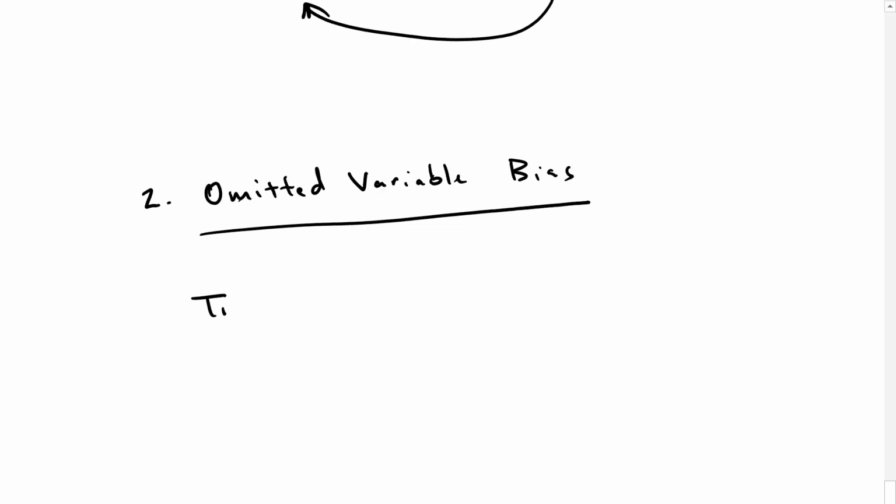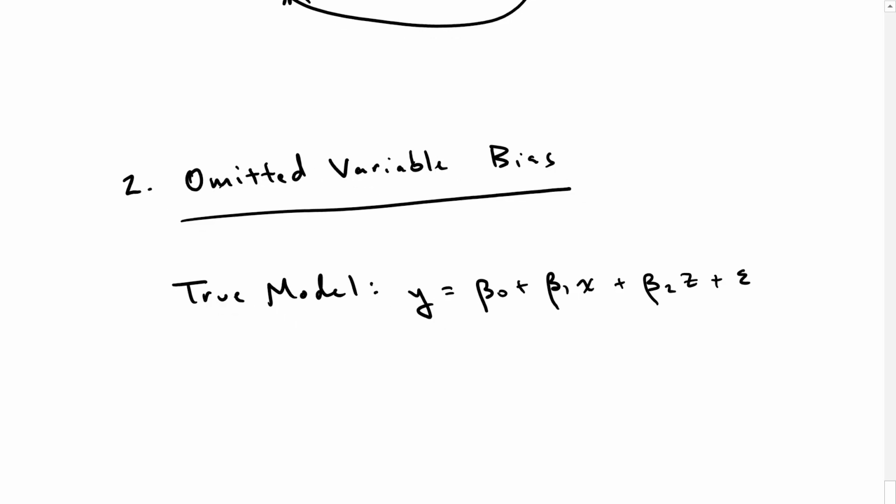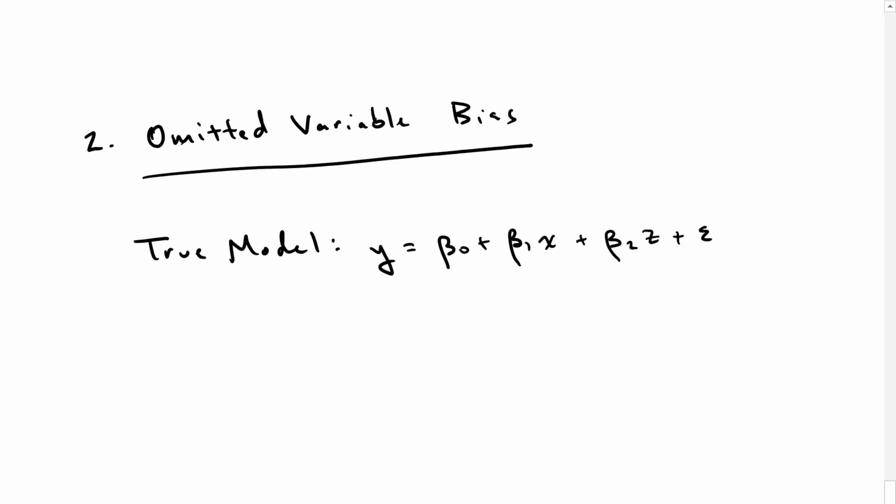Okay, so let's suppose we have a true model where the outcome y is a function of the constant plus beta 1 x plus beta 2 z plus epsilon. Okay, that's the true underlying model. Y is explained by two variables and error.